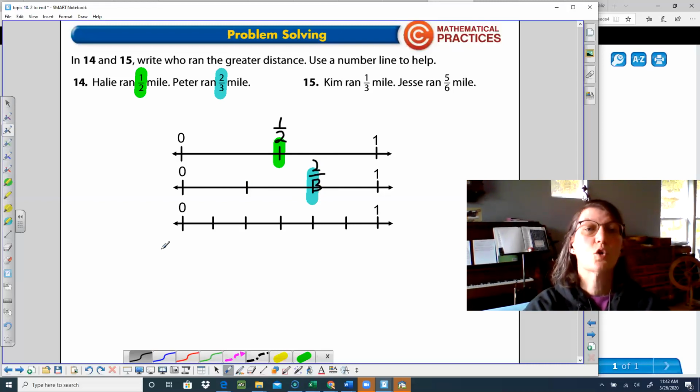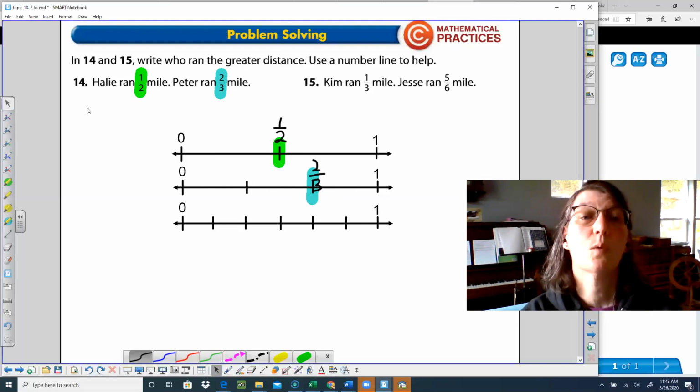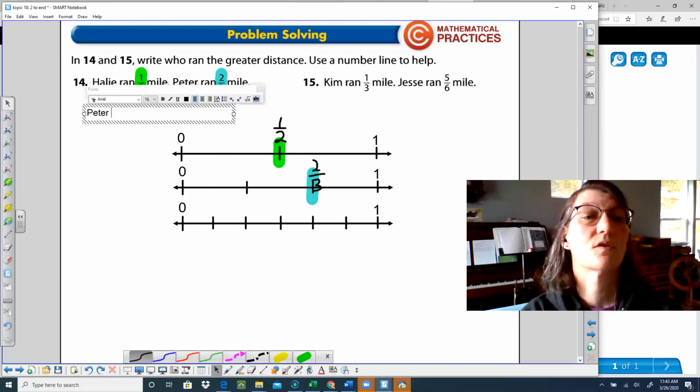Now it says who ran the greater distance. So now that we have marked those, we can write our little sentence. I'm gonna put my cursor up here and see if it'll let me type there. So hopefully you're like, ooh, I can see that Peter ran the further distance.